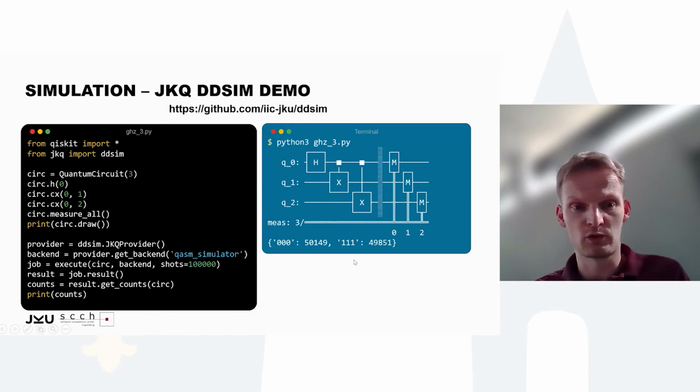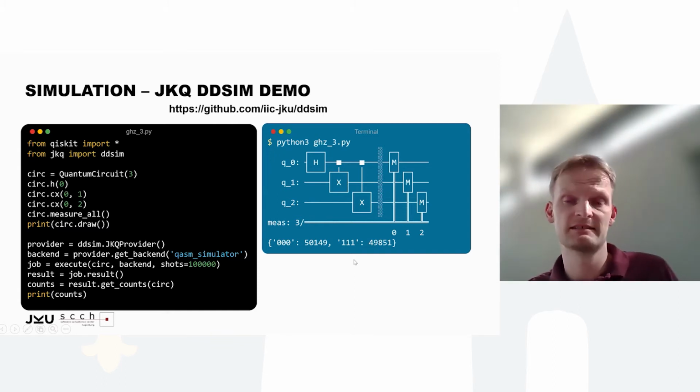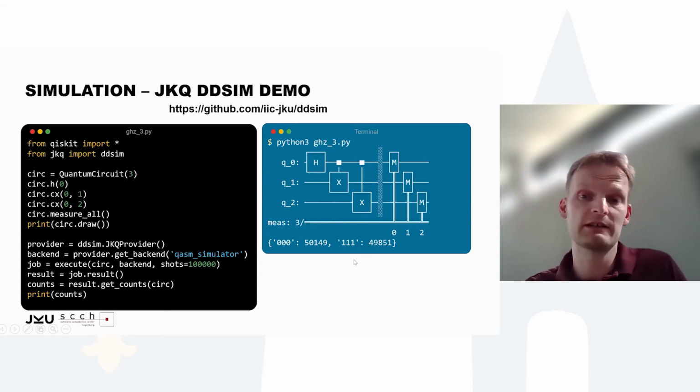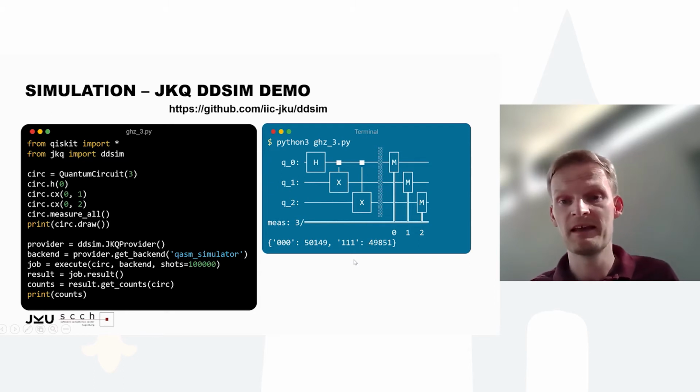Obviously, for a small circuit like that, probably any quantum circuit simulator would be rather efficient. But if you try that out for larger circuits, we have many instances where our method based on decision diagrams performs substantially faster than, for example, the Qiskit original simulator. On the other side, we also have the other way around.